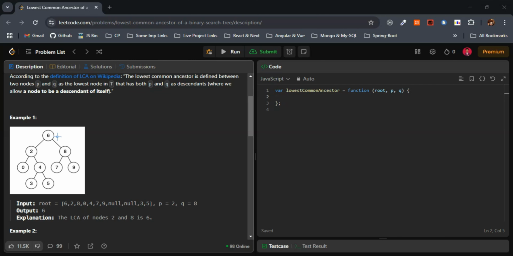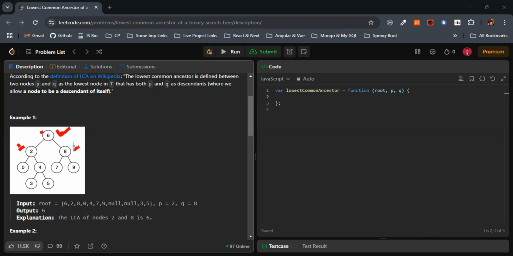First we'll discuss what a binary search tree is. In simple terms, suppose we consider this node. For every single node, the value of the left subtree has to be lesser than the value of the main node. The value of the right subtree has to be greater than the main node.